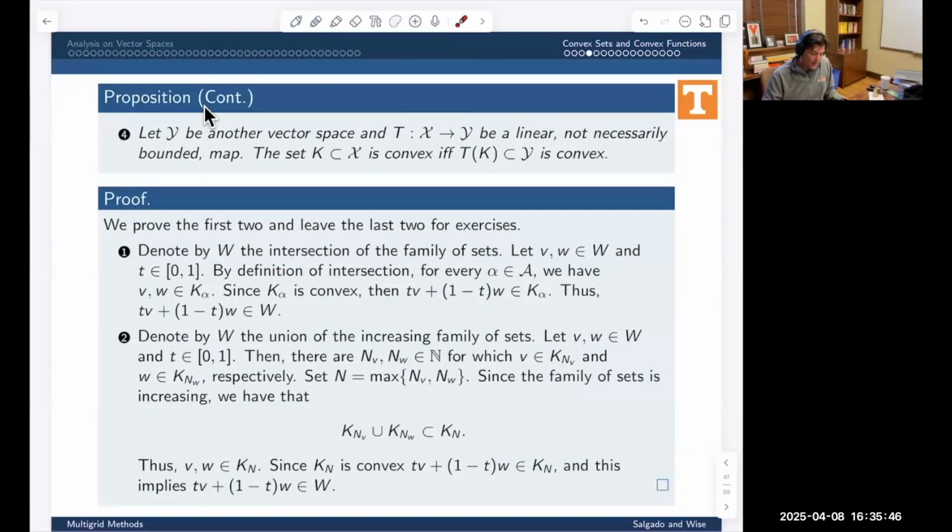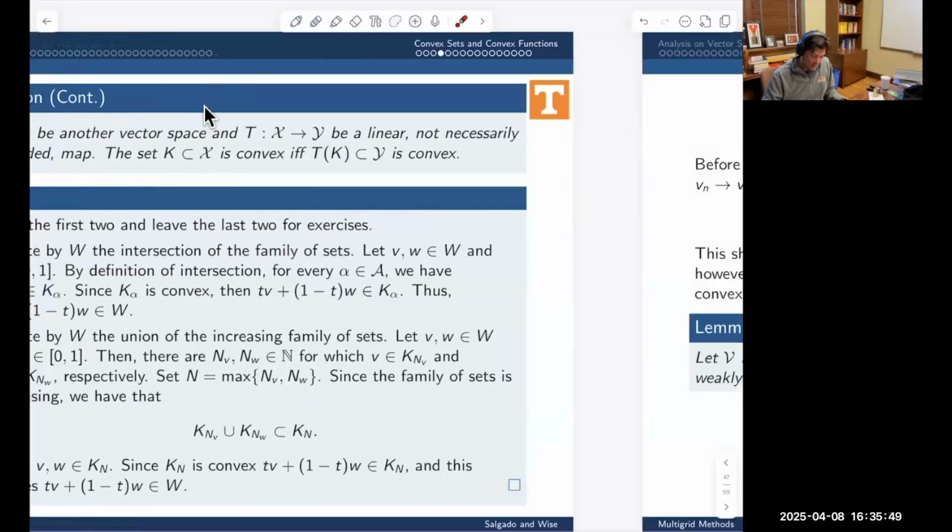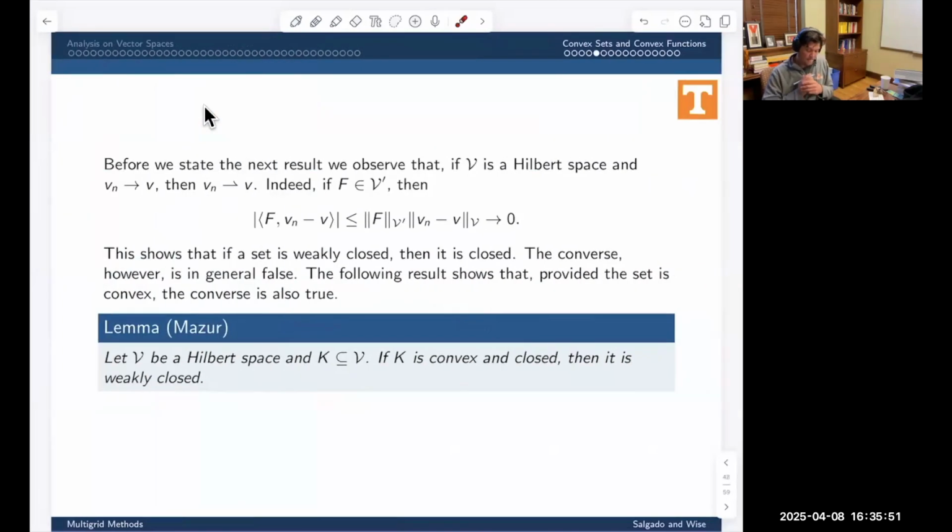We went through the proof of that, and we also talked about a result called Mazur's lemma, and I want to emphasize this once again because it turns out to be rather important. We stepped through this fairly carefully.